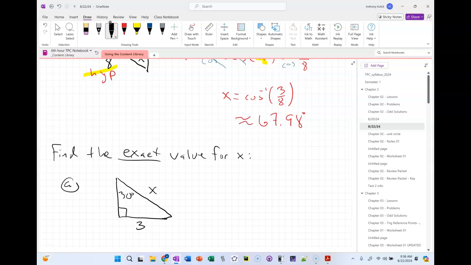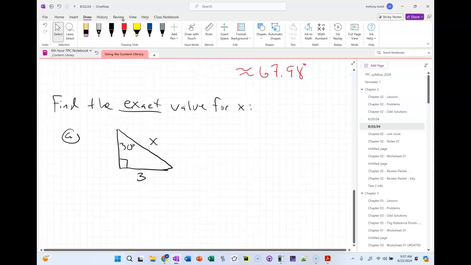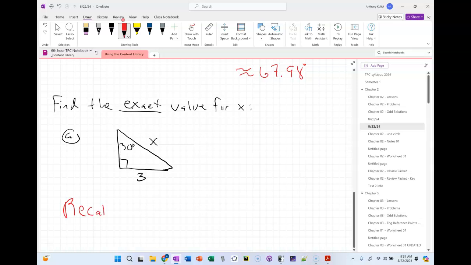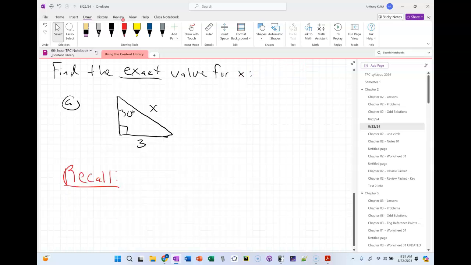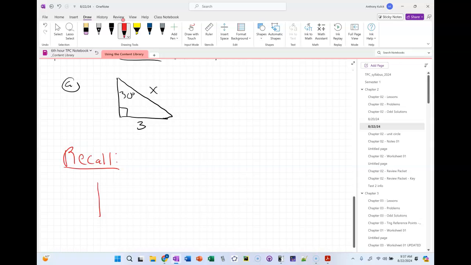Now, how do I do that if I have to use sine, cosine, or tangent? Because a decimal is going to come out of my calculator on that. What am I going to do with that? Yeah, so I'd have to round there, but the directions are specifically telling me not to. Oh no. Well, if you recall, there are two special right triangles.